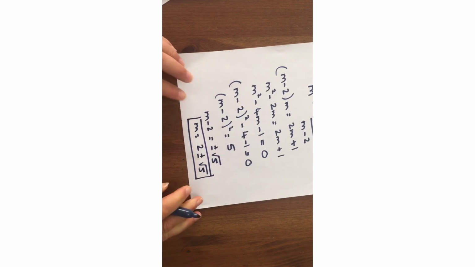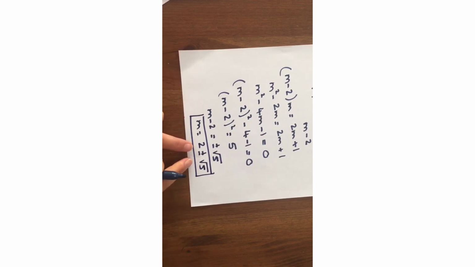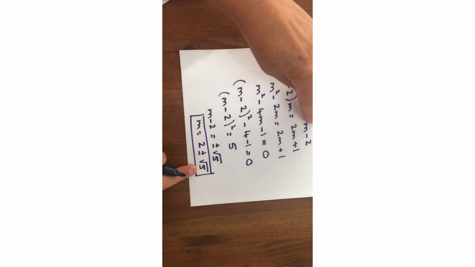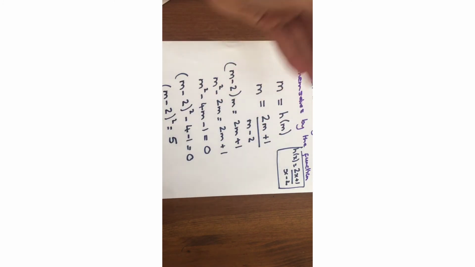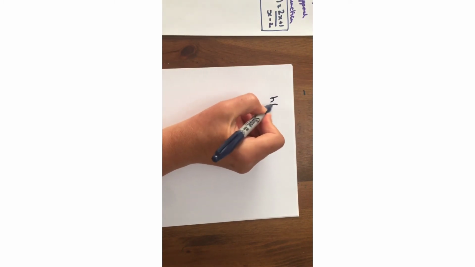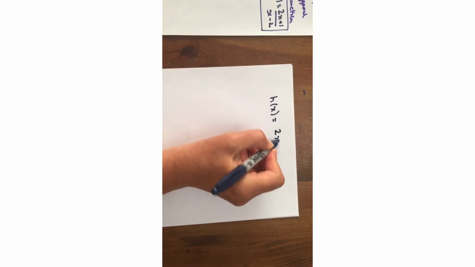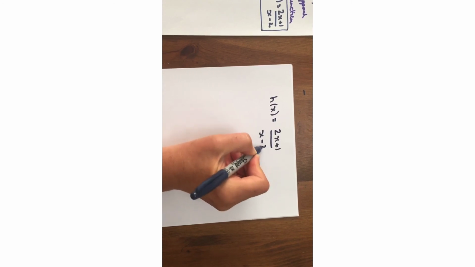So there were 2 values that if I put them into my function, I get the same answer out. If I put this 2 plus root 5 into here, I will get out 2 plus root 5. I'll just verify that for you. h of x equals 2x plus 1 over x minus 2.